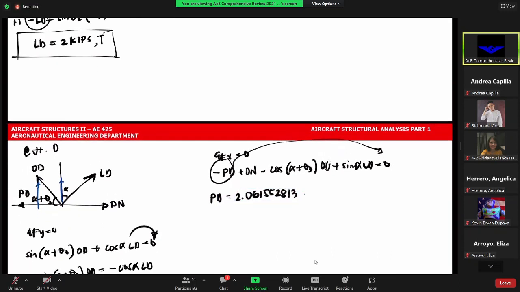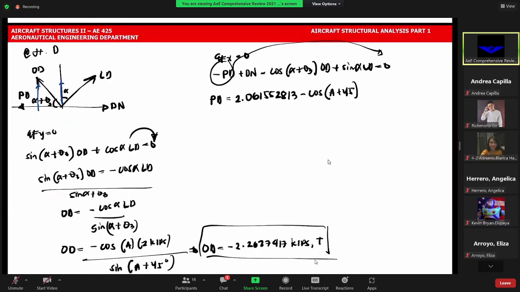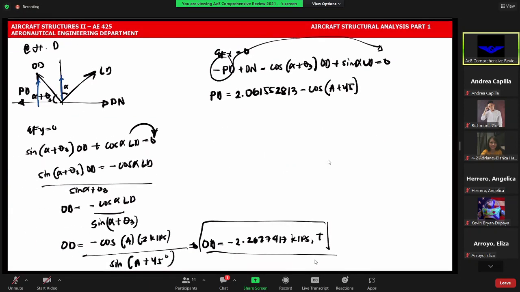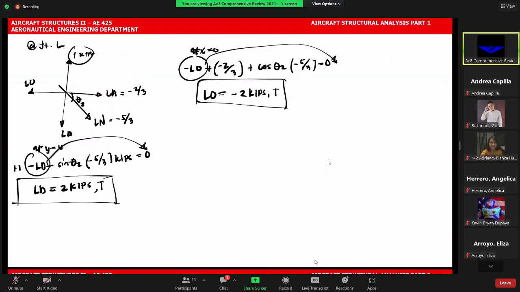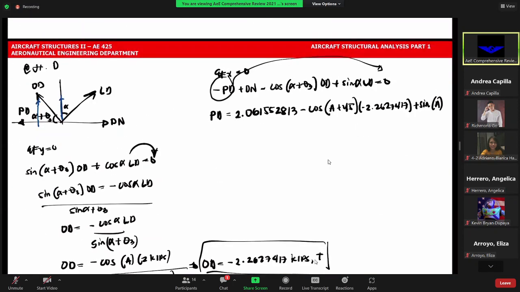Okay. Minus cosine store A plus 45 OD. Yung OD, that is negative 2.2627417, plus sine alpha LD. LD is 2. So anong value ng PD natin?